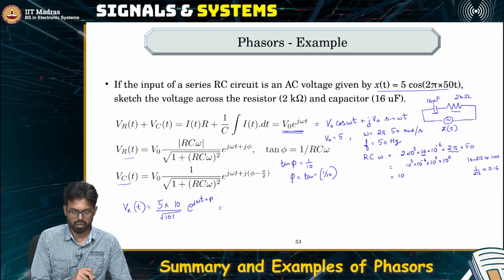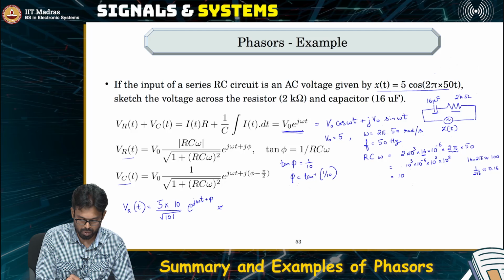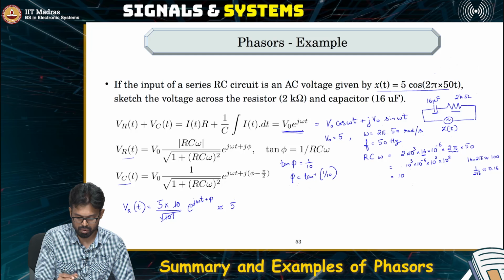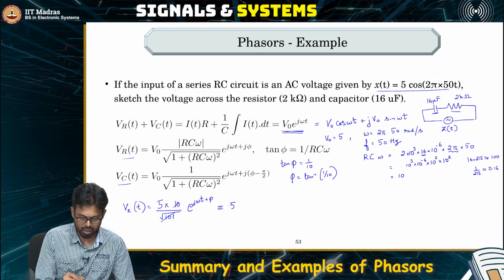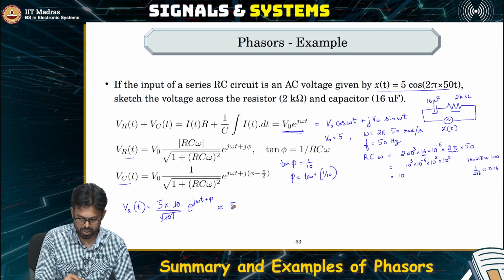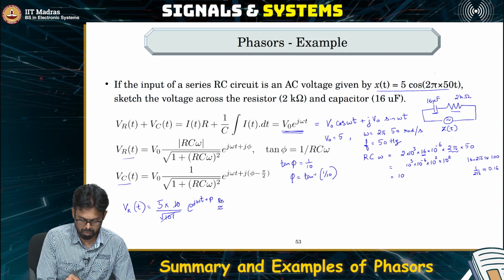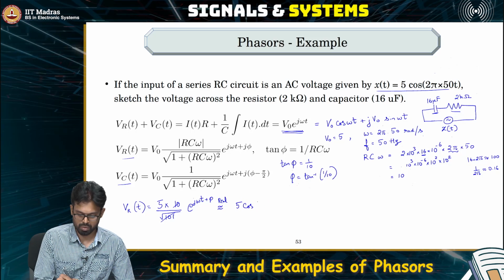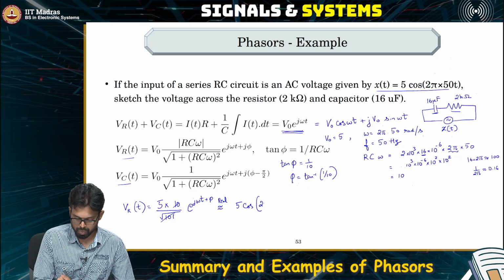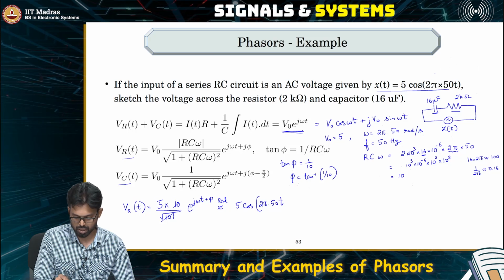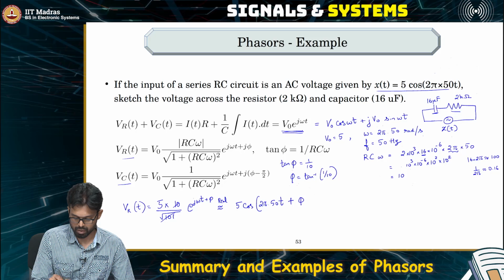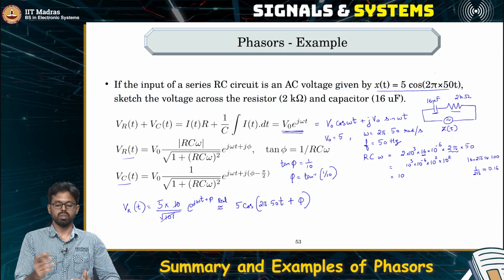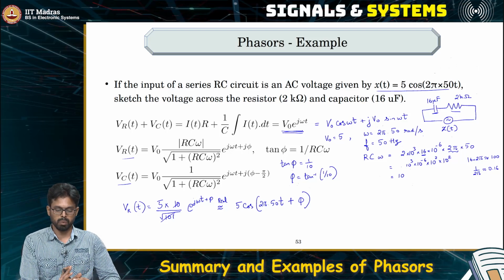So the signal that we are looking for is roughly equal to, you can probably cancel this out, roughly it's 5 times, taking the real part of it, we have 5 times cos omega t, which is nothing but 2 pi 50 t plus phi. Phi is tan inverse of 1 by 10, which is roughly about 10 degrees or something.